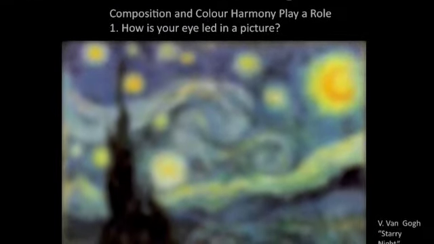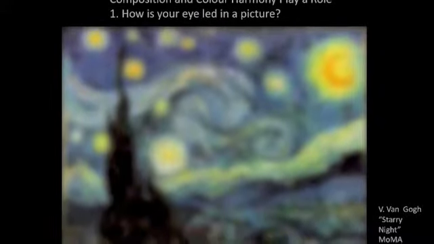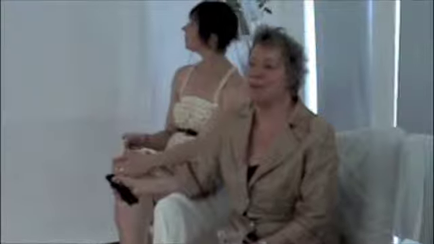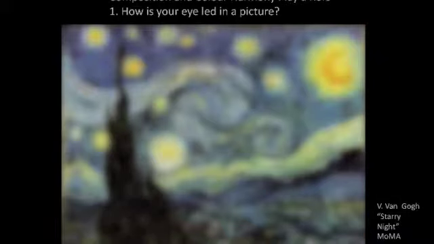Okay, here's the problem. This is Van Gogh's Starry, Starry Night, which is owned by the MoMA, Museum of Modern Art. And I'm still in the process of trying to get permission for use in lectures. And because of that, I can't show you the real image. But you can just go and get it on the Van Gogh Museum's sites.